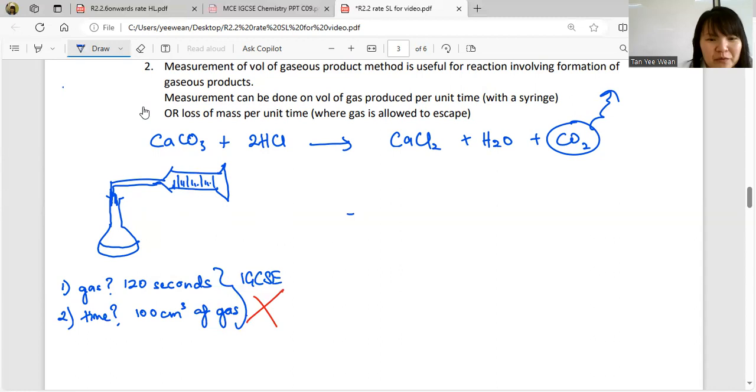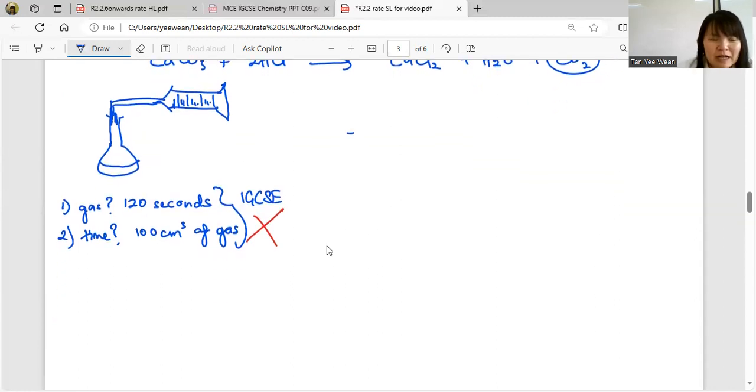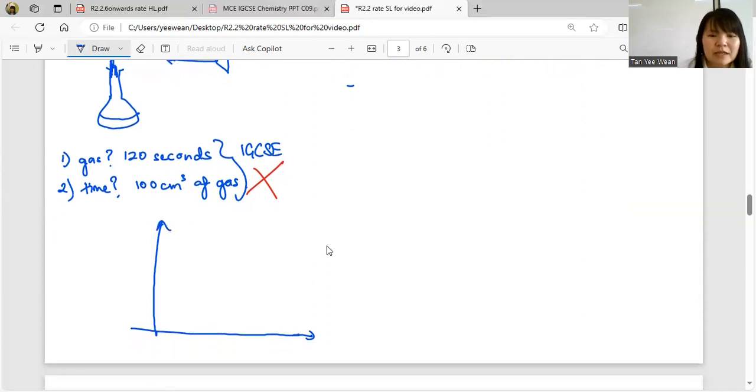Okay, so how do we do this in IBDP? It's actually similar. The setup is similar. It's just that this time you need to have an interval of time. So how much gas is produced over a period of time? So let's say here time, seconds. Again, I'm going to plot something like what we did just now, 60, 120, 180, and so on.